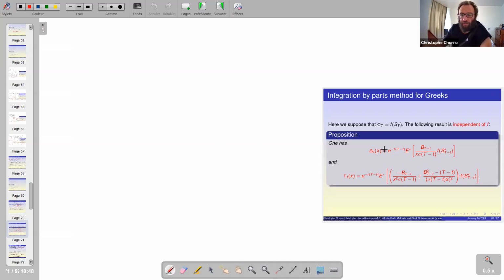You know that the price, in this situation, where my contingent claim is given by this expression, is given by exponential minus r (capital T minus t) times the expectation under Q of the payoff.